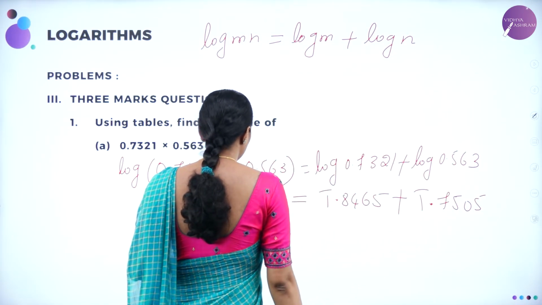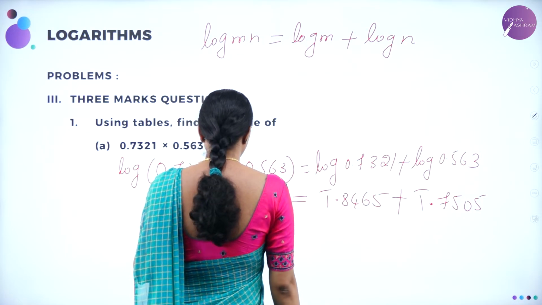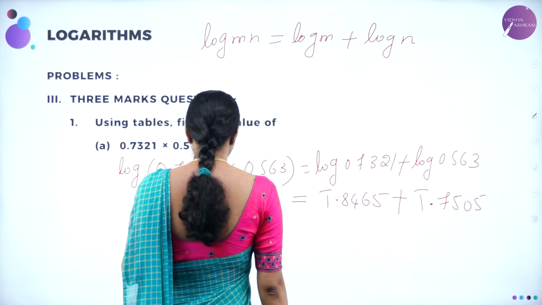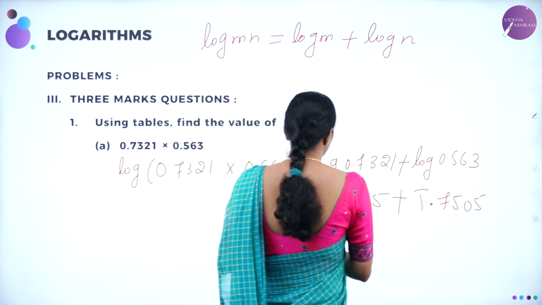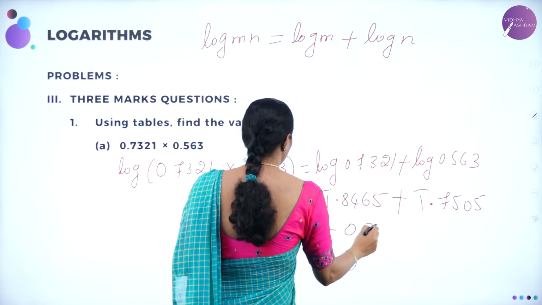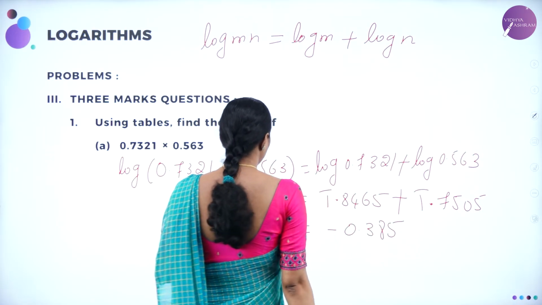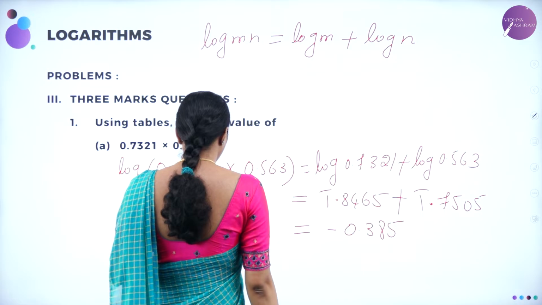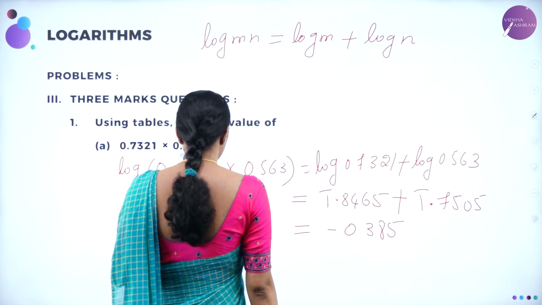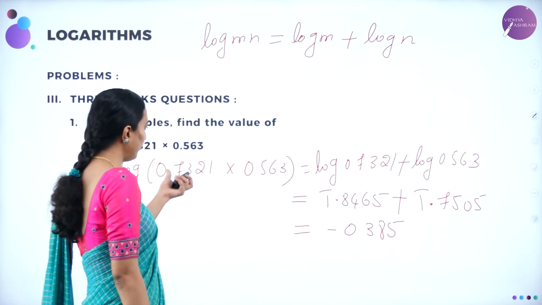That is your answer here. We are going to minus that one. Then the answer for this will be minus 0.385. How are we going to find it? Minus 0.385. So therefore, the answer will be equal to anti-log of, because you are going to find out this one.